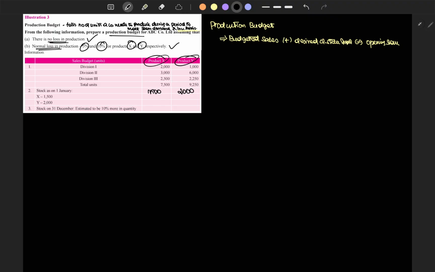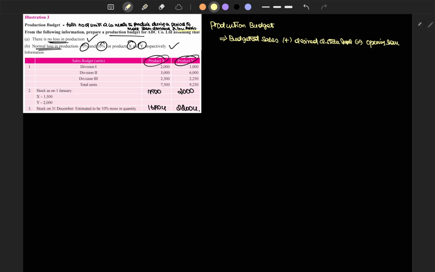This 10% more is 1500 into 110%, which is 1650 units as our closing stock, and 2000 into 110% would be 2200 units as our closing stock. So we have read the question.